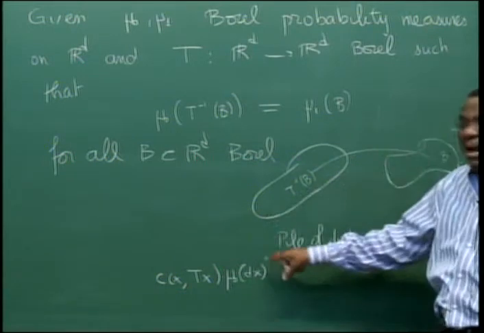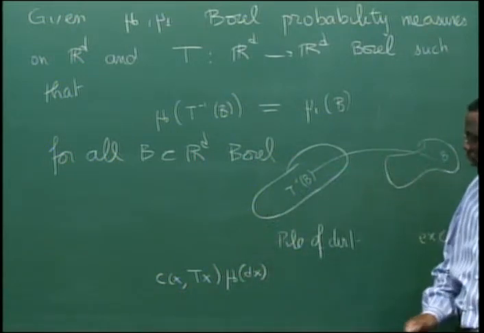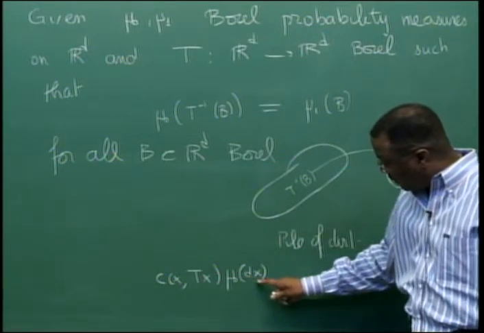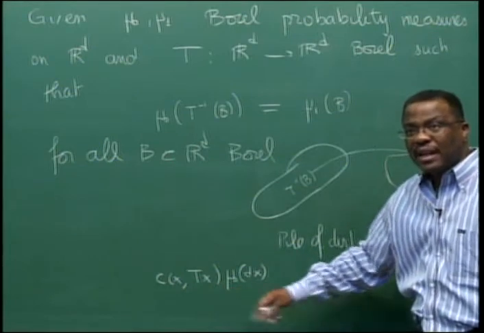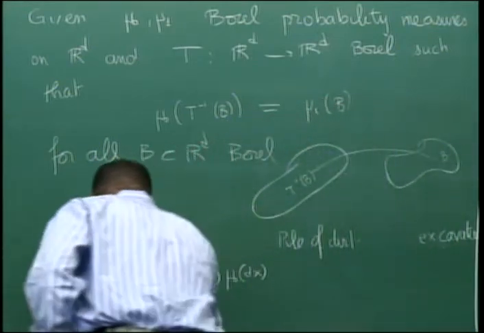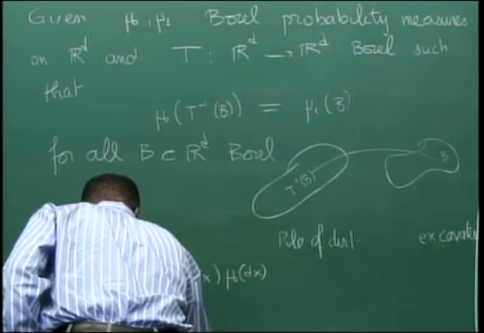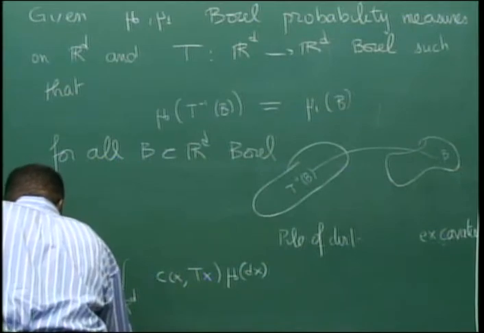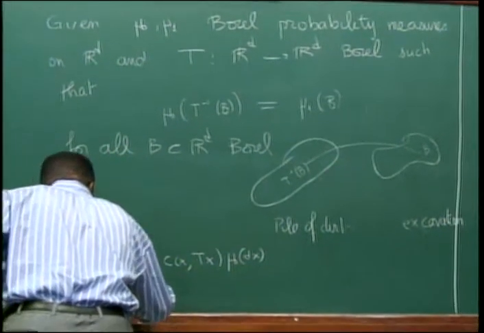When I multiply by this, it corresponds to the cost I pay for transporting the mass mu naught ds from s to T of x. And I'm going to sum up over all the x. And summing up is computing an integral. So this is the cost M of T, M for Monge.